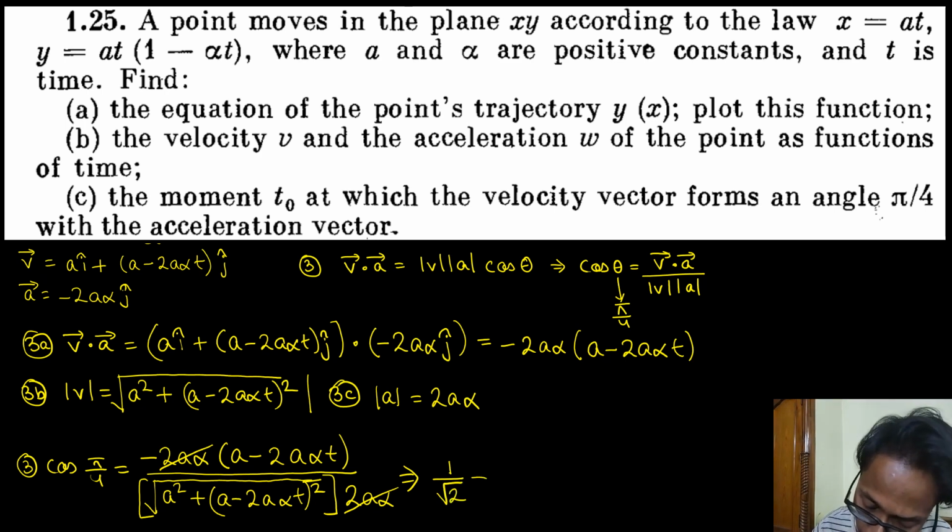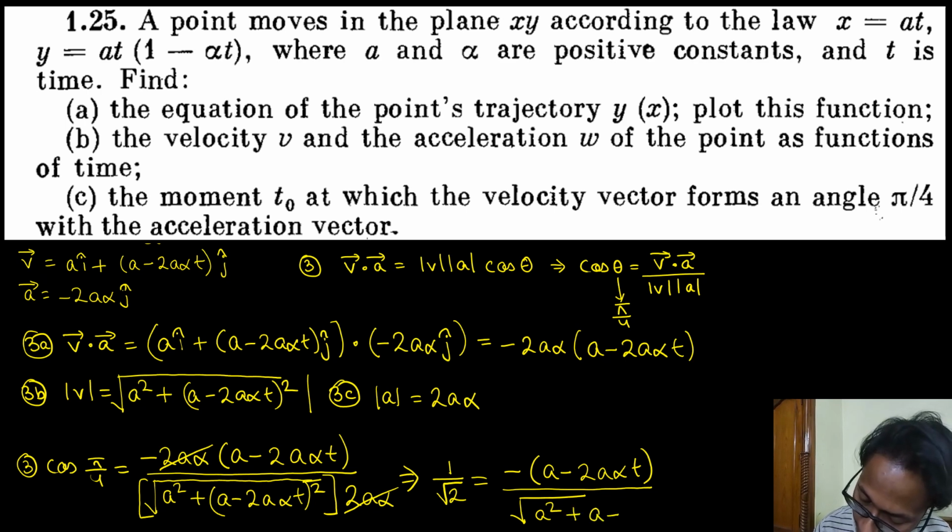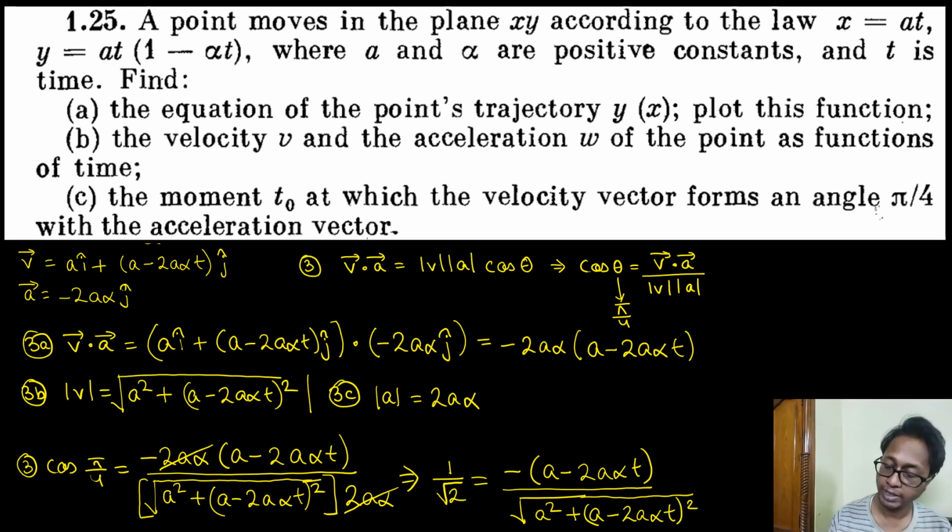So 1 by root 2 is equal to minus (a minus 2a alpha t) divided by under root of a square plus (a minus 2a alpha t) whole square. Okay, and we solve this entire equation on the next slide.